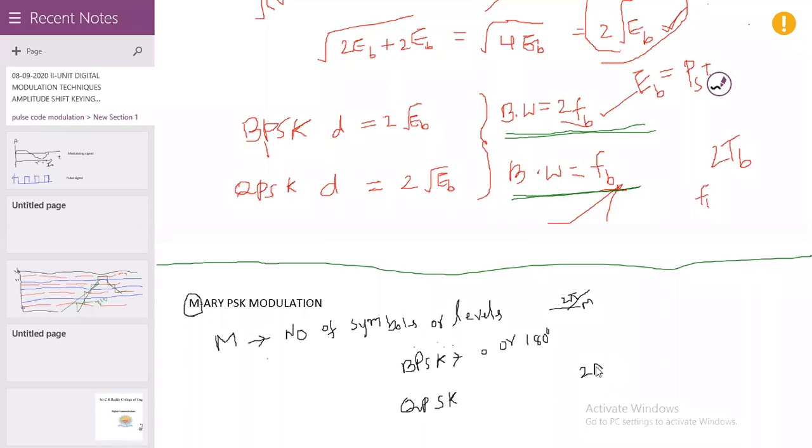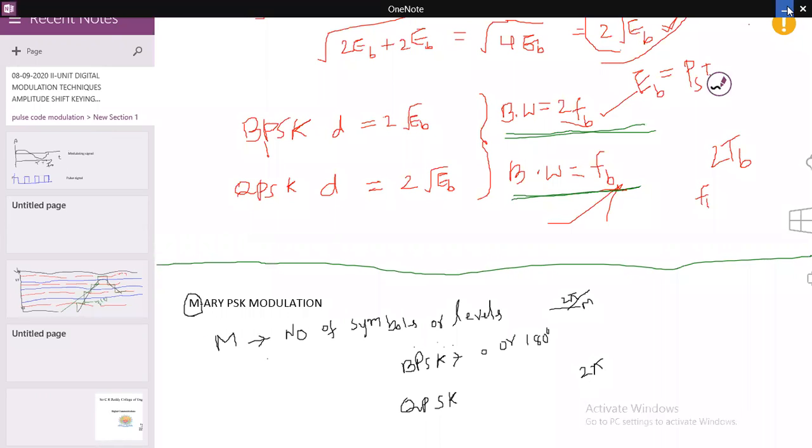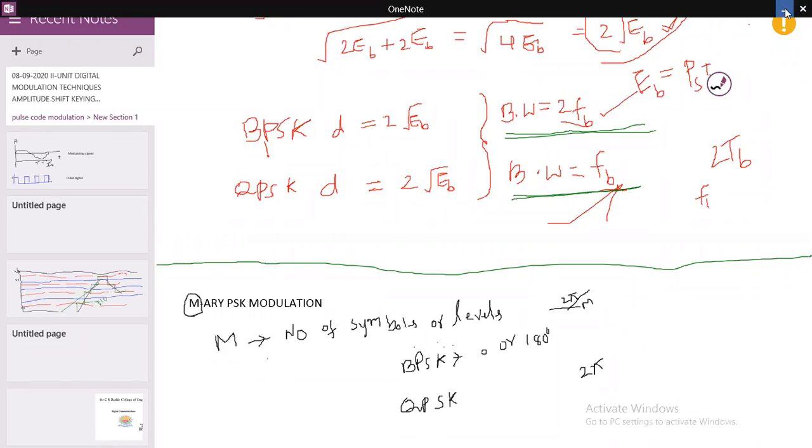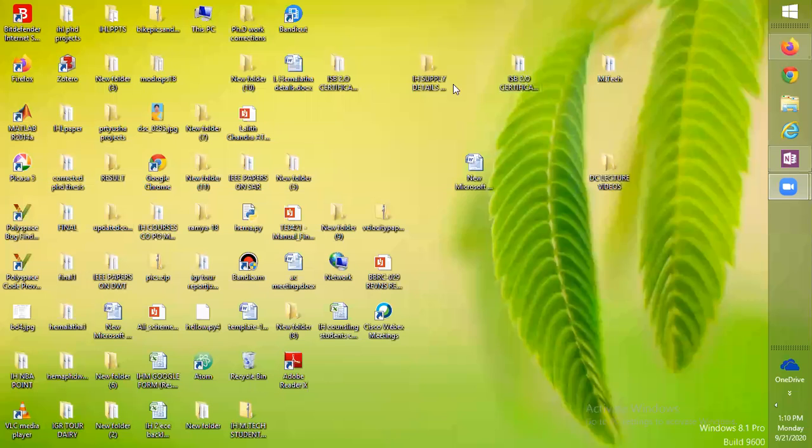In QPSK, the total angle of 2 pi is divided into 4.